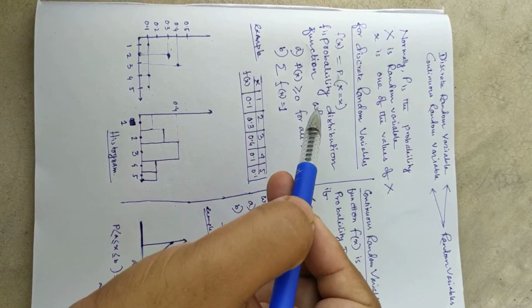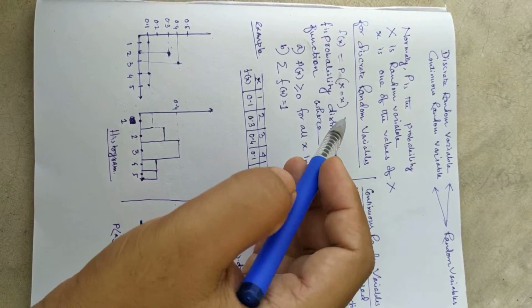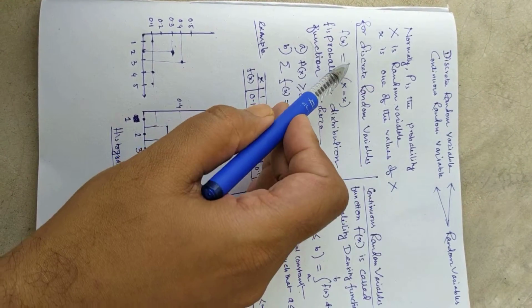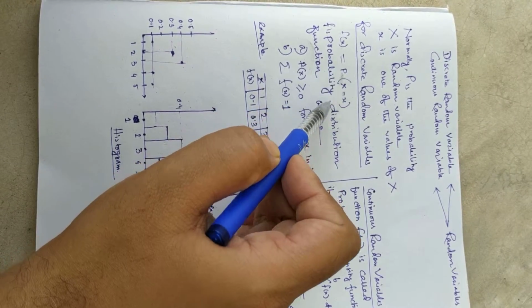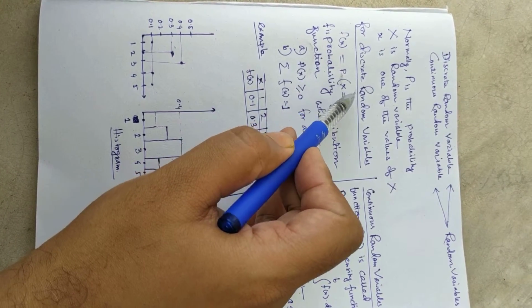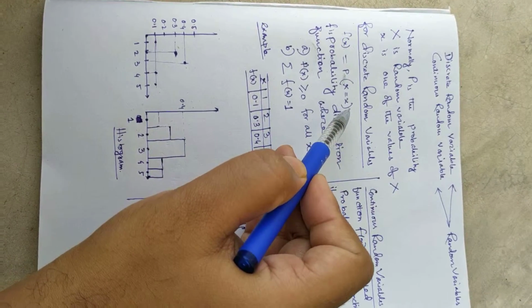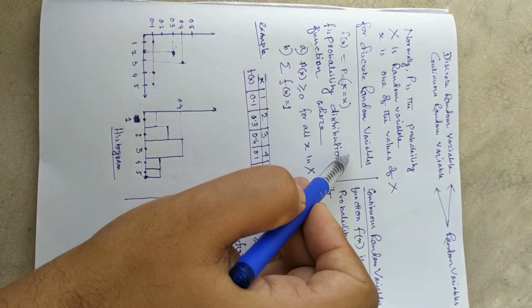Before we go into how we represent that, we have to know the notations. Normally, P is termed as probability, capital X represents the random variable, and small x represents all the values of the random variable.